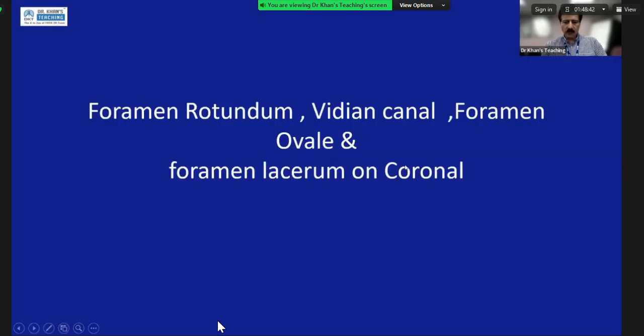Now, what we are going to learn is a bit of repetition about foramen rotundum, Vidian canal, the foramen ovale and foramen lacerum on a coronal.